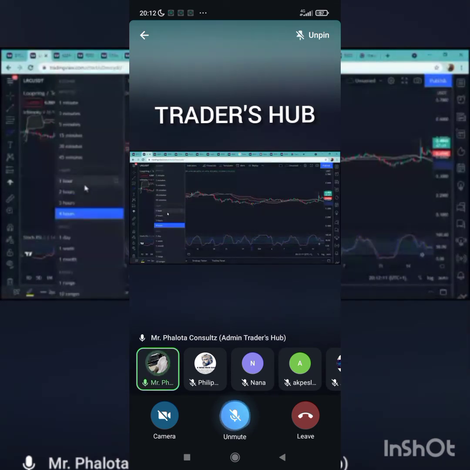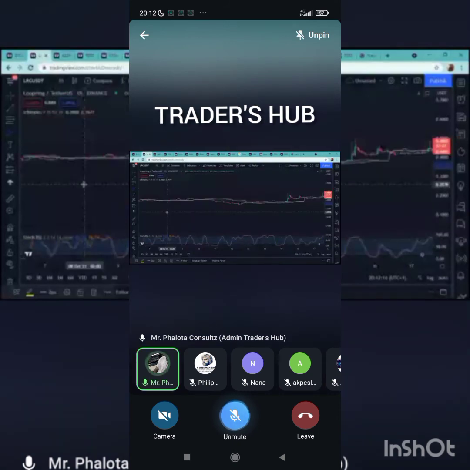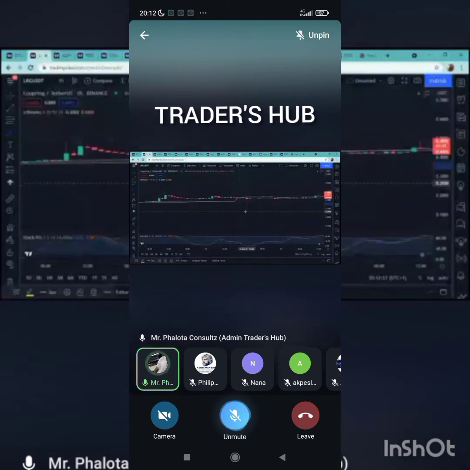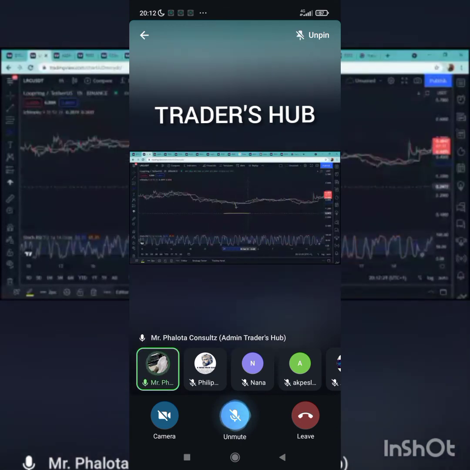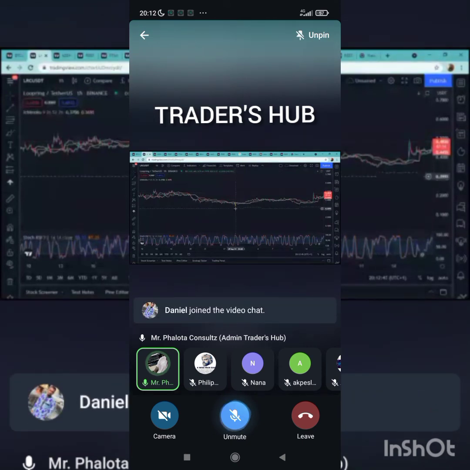Then you change your time frame to 1 hour. So this is the mark I made. So somewhere here we had the MACD crossing over.